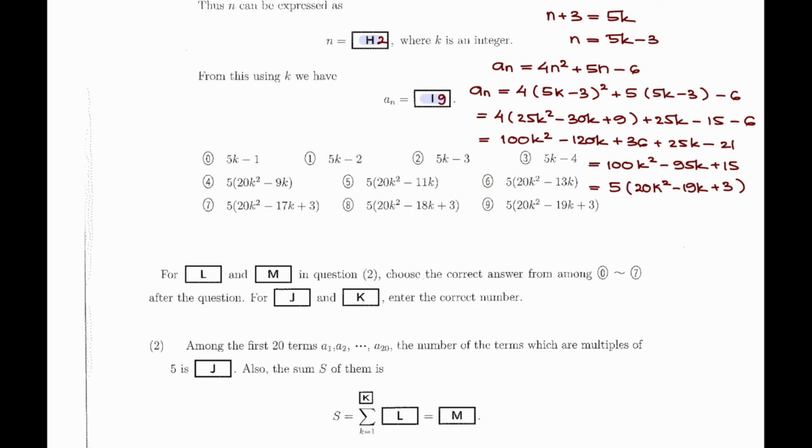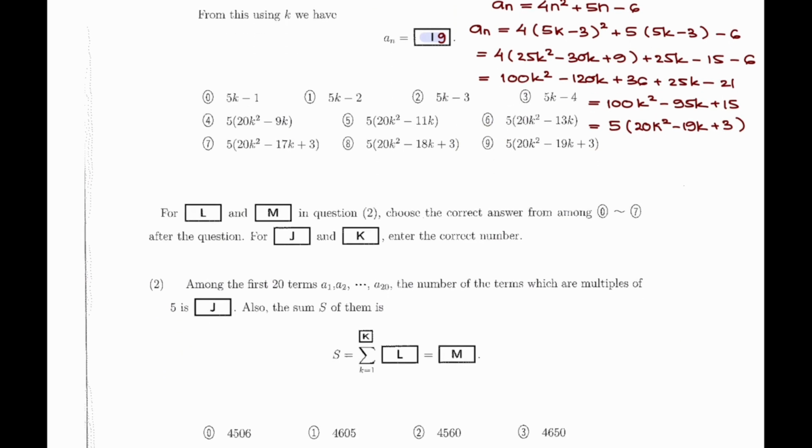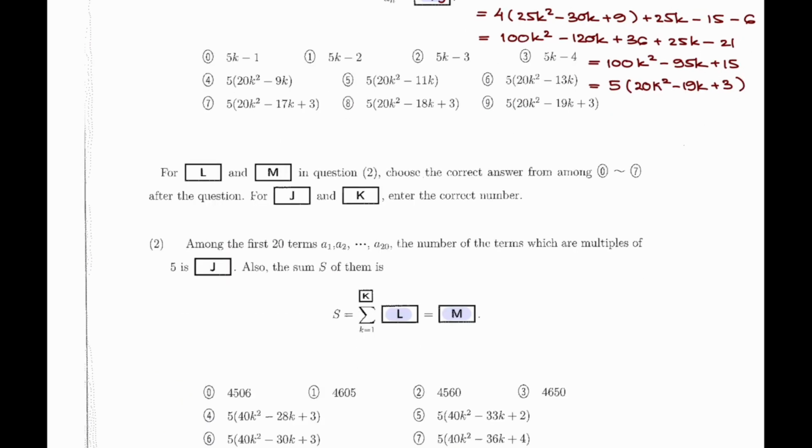Okay, let's move to the last question. For L and M, choose the correct answer. I will take a note with my highlighter. L and M, we need to see the answer from the choices below. But for J and K, we should enter the correct number.